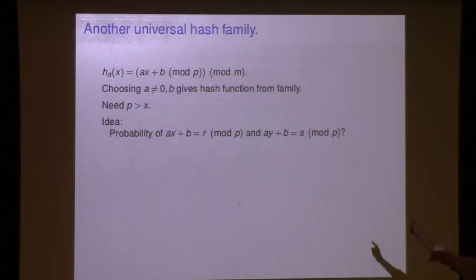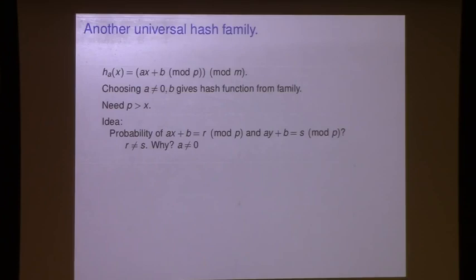And b, you can choose any number from 0 to p minus 1. Okay, so this is why it should be clear immediately what's going on. It's a linear system. There's a unique solution. Okay, and this is the argument. First of all, we know that r is not equal to s because why? Why is r not equal to s?